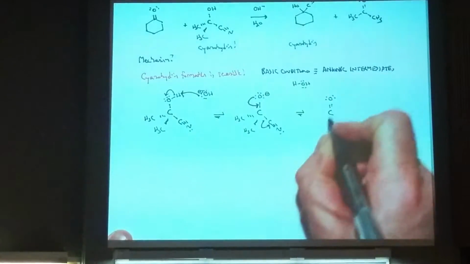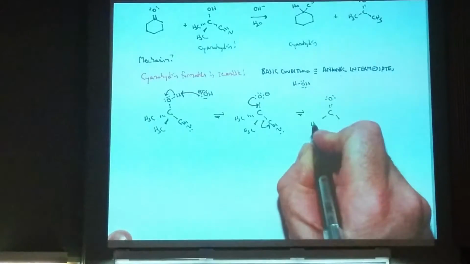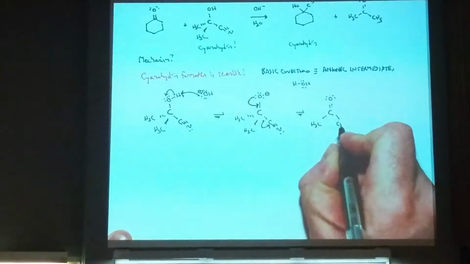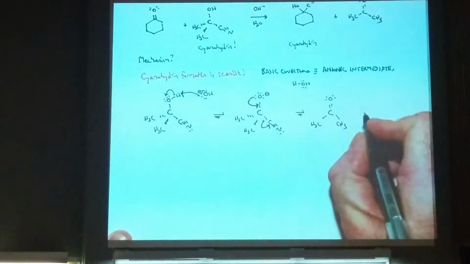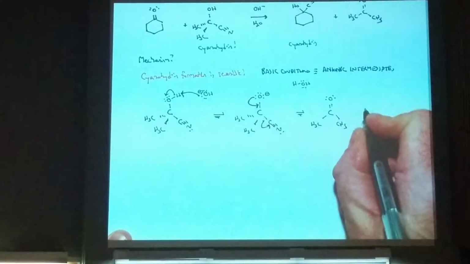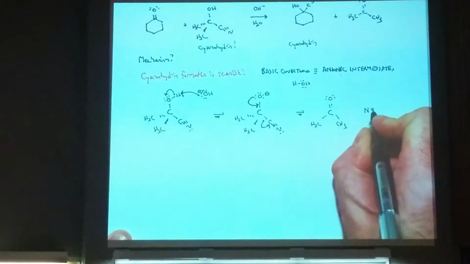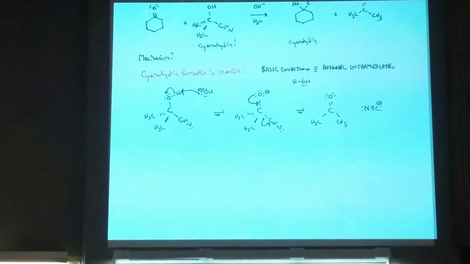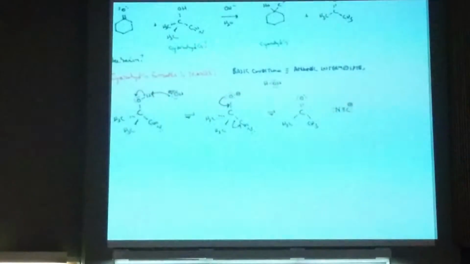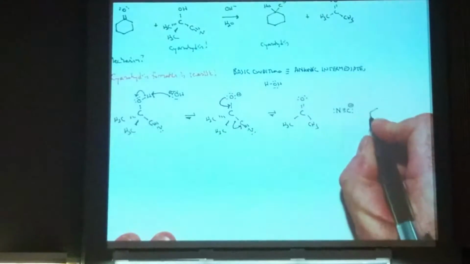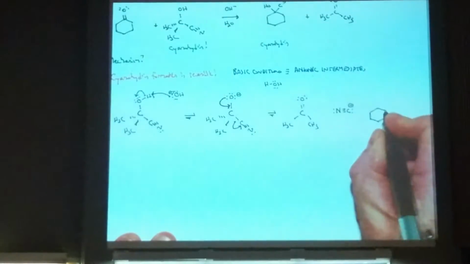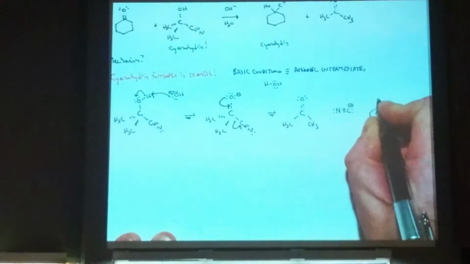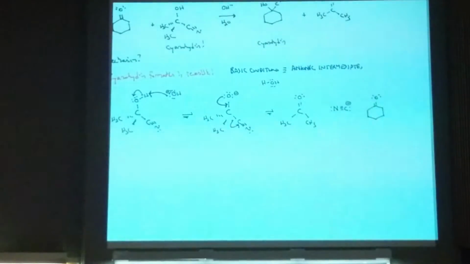Here's how the acetone product formed. And we generate some cyanide, which I'm going to kind of write like this. Why am I writing it like that? Because now we can have the cyclohexanone get involved.